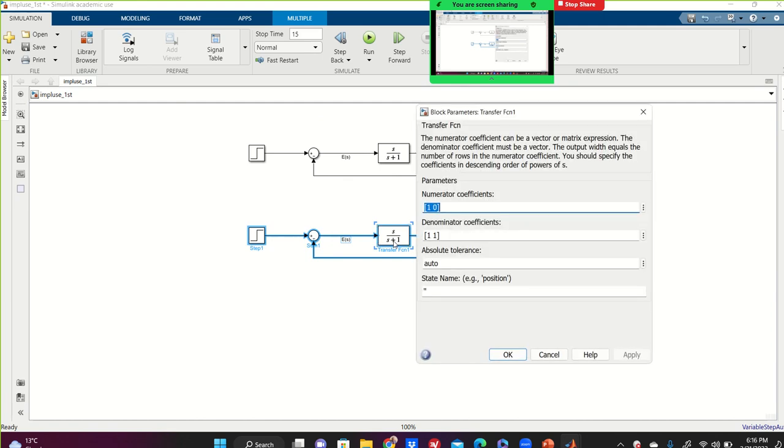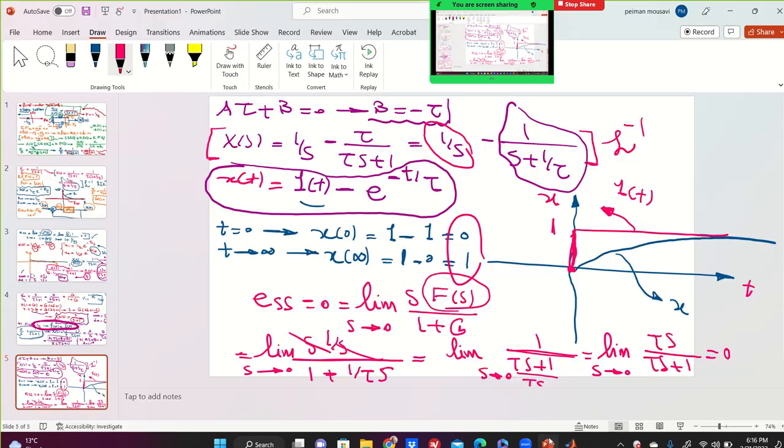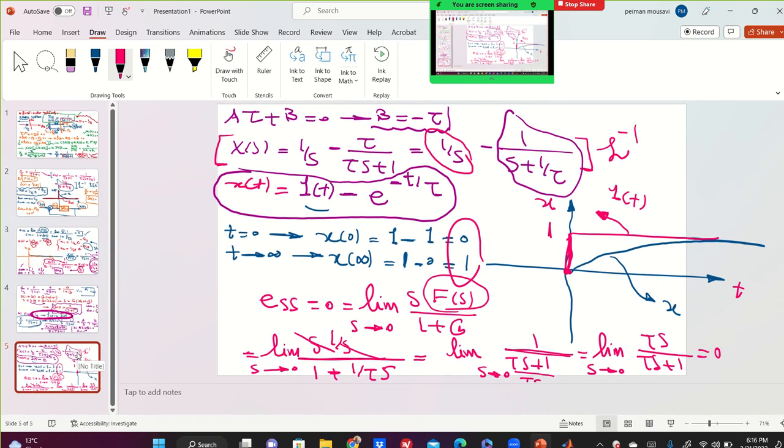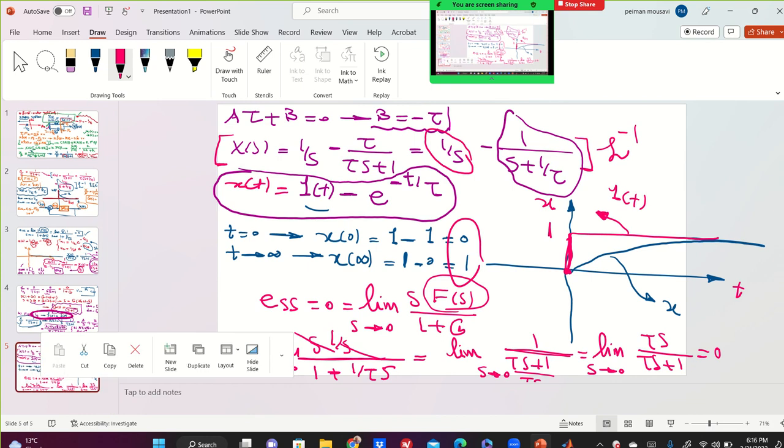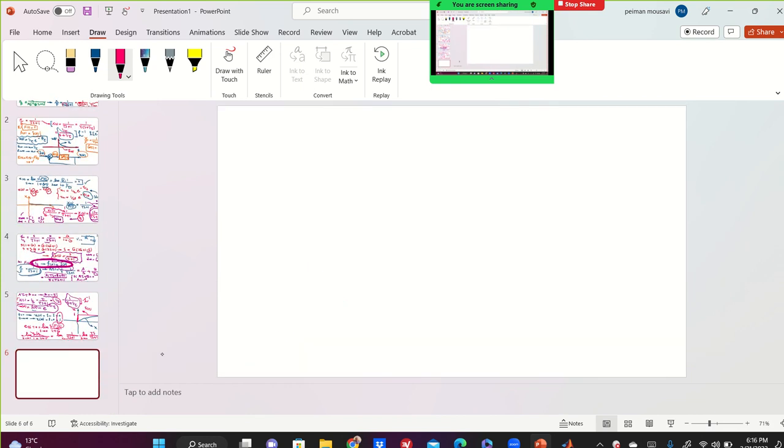And here I have to change it, because the open loop transfer function is the original one, guys. Let me do this. X over F was 1 over tau s plus 1.